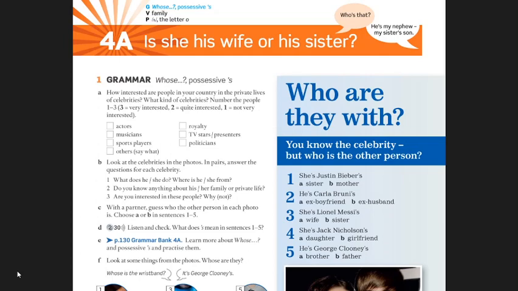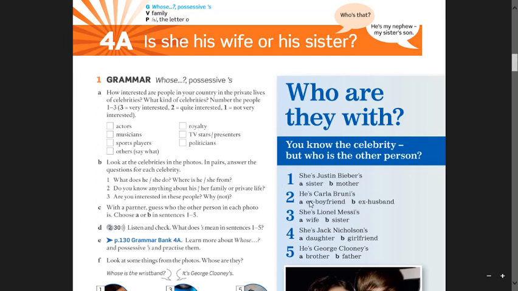As I told you, we are going to see the use of this word that is pronounced whose, and the possessive case, or the possessive apostrophe s.